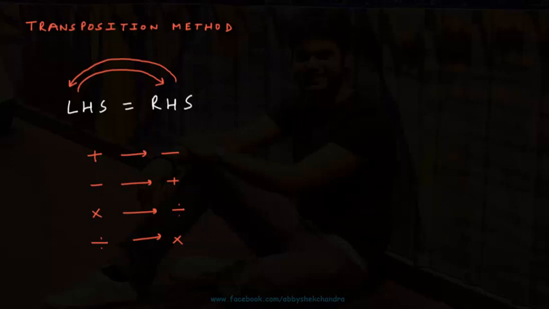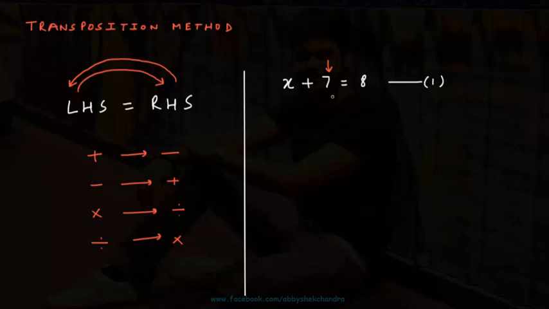Let us solve equation 1, which was x plus 7 equal to 8 by transposition method. To isolate x, we need to get rid of the number 7 from the LHS. So let us transfer 7 to the RHS.